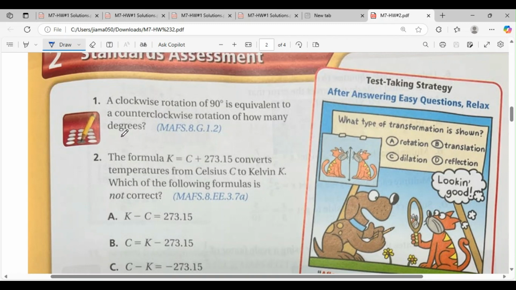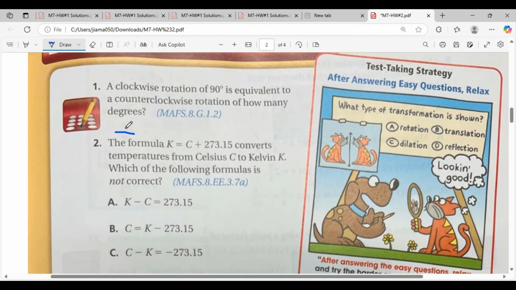Okay, for example, this line is the original figure, and we should make a clockwise rotation of 90 degrees, which means we should rotate it this way. Okay, this direction.